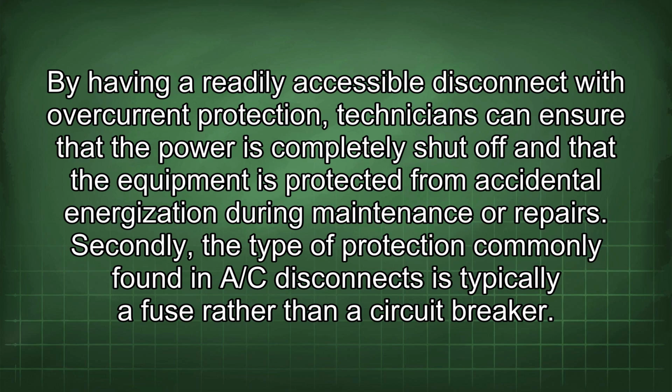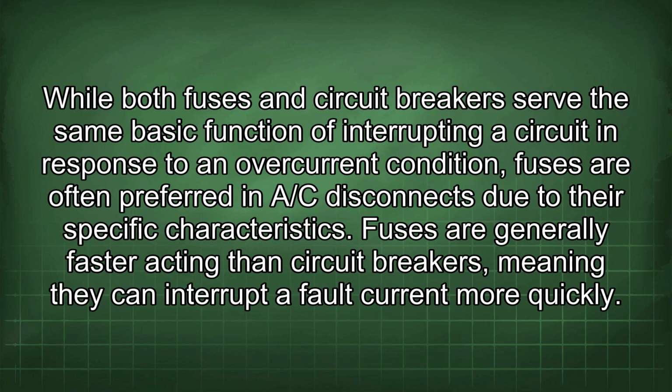Secondly, the type of protection commonly found in an A/C disconnect is typically a fuse rather than a circuit breaker. While both fuses and circuit breakers serve the same basic function of interrupting a circuit in response to an overcurrent condition, fuses are often preferred in an A/C disconnect due to their specific characteristics. Fuses are generally faster acting than circuit breakers, meaning they can interrupt a fault current more quickly.